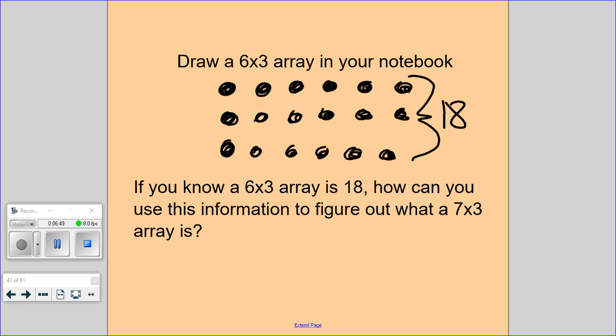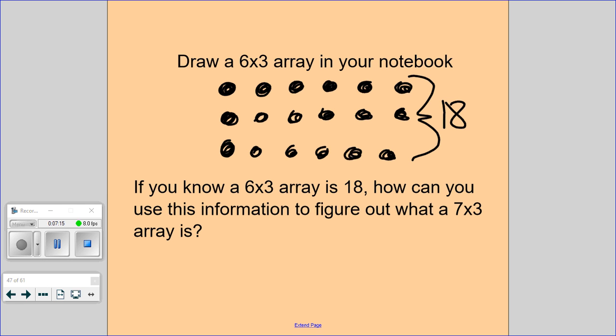Do not draw a 7 by 3 array. Gia, what would I do? Group of what? Oh, I'm not adding a group of 1. William? I am not going to add 2 more groups of 6.